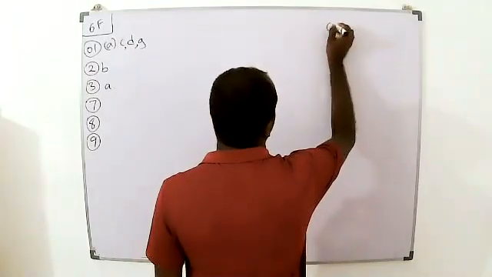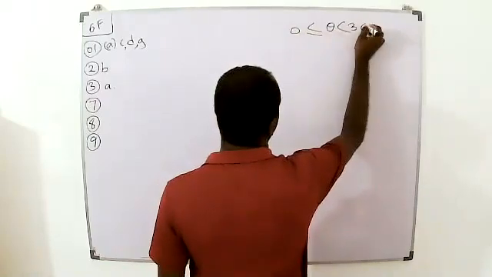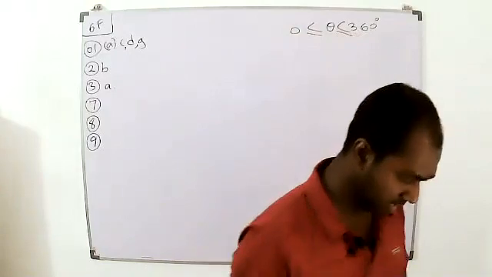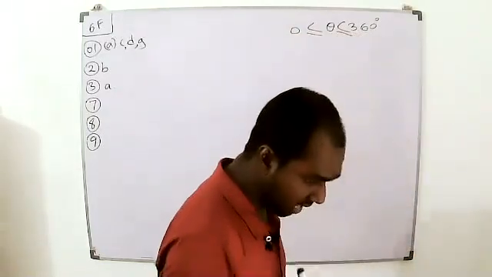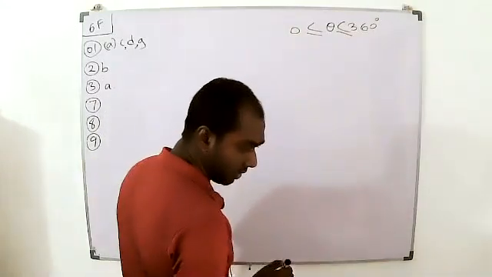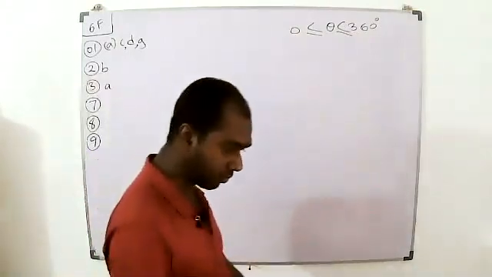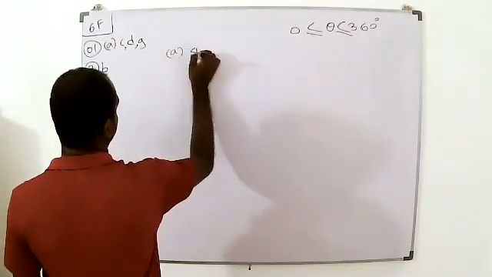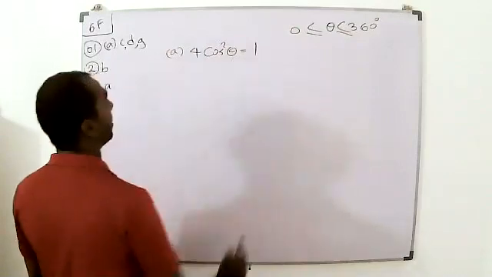Actually, these are not harder like the earlier section. Give answers to 3 significant figures where they are not exact. What is the first one? A: 4 times cos squared theta equals 1.